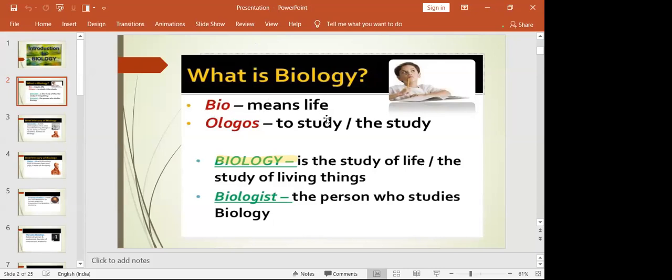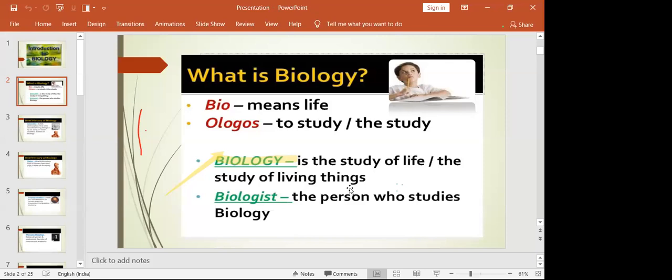Bio means life, logos means to study, so biology is the study of life, the study of living things. A person or scientist who studies biology is called a biologist.